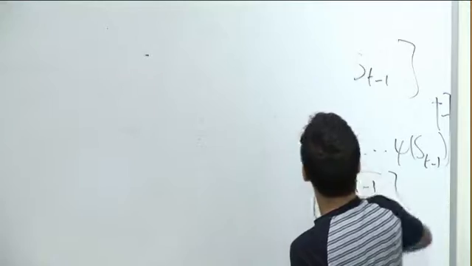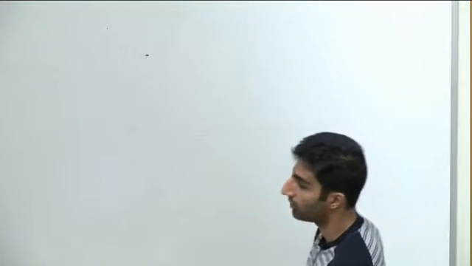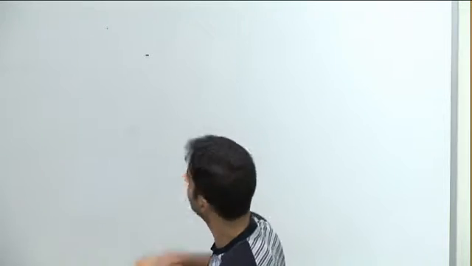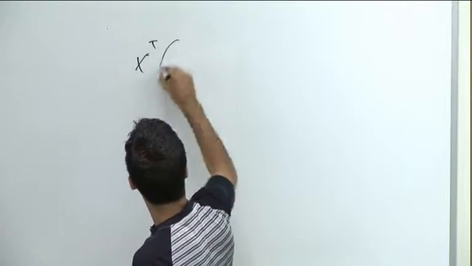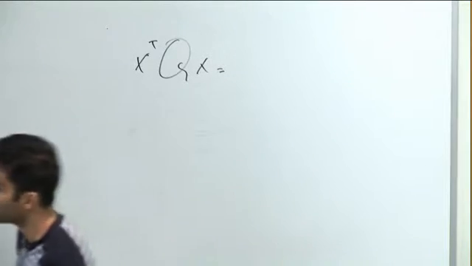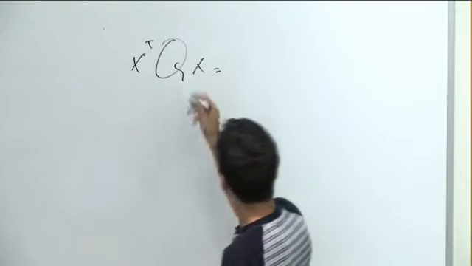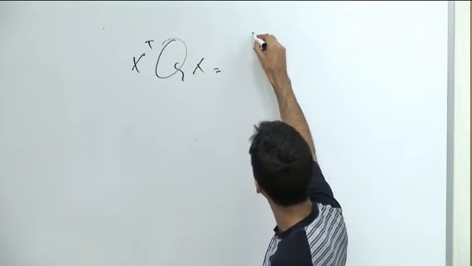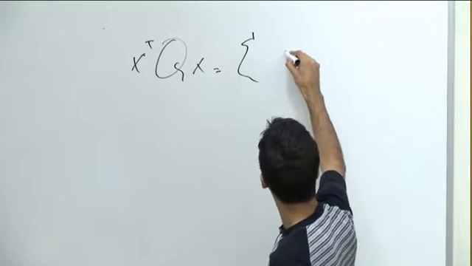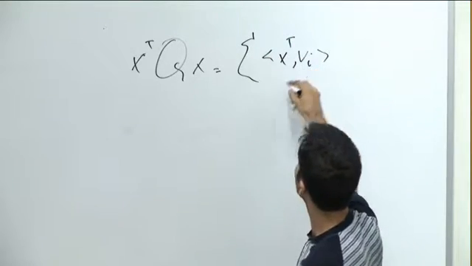You just need to diagonalize Q and use the fact that it is a positive semi-definite matrix. Q is not symmetric, but I can make it symmetric simply by putting another I of A here. So I can write x transpose Q x as a summation of x transpose v_i, where the v_i's are the eigenvectors.